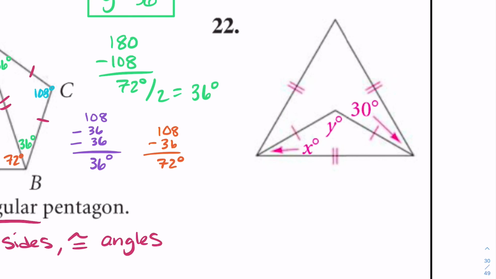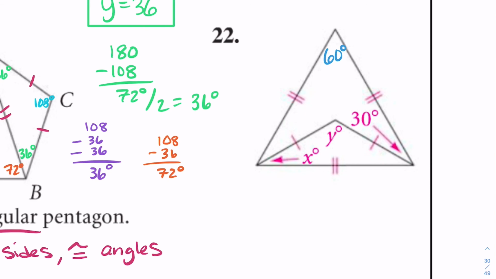Looks like we don't only have an isosceles triangle, but we have an equilateral triangle. So what we know about equilateral triangles is this is 60 degrees. This whole thing here is 60, making this part right here 30. So I'm just going to write that in. And then making this whole part 60.